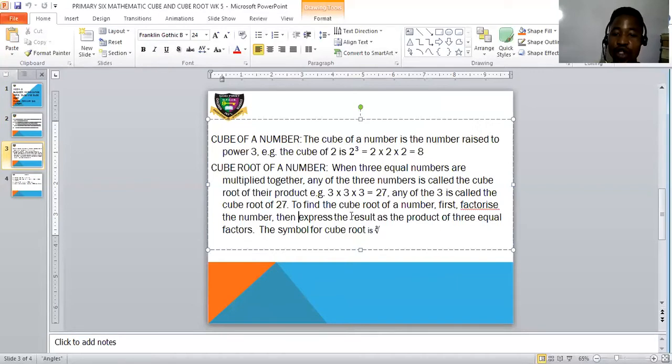To find the cube root of a number, first factorize the number, then express the result as the product of 3 factors. Now, the symbol for cube root is this. I told you in the previous class that I showed you the symbol for square root, which is this.